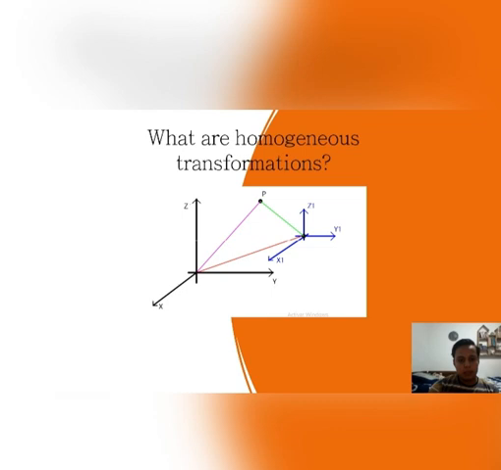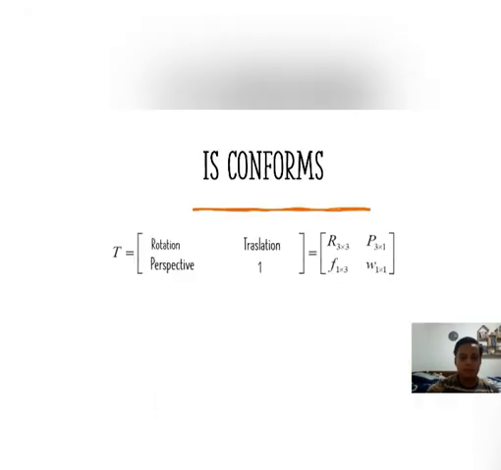It transforms a vector expressed in mobile coordinates into its representation in a fixed system, and rotates and translates a vector with respect to the fixed system. This conforms a homogeneous transformation matrix.